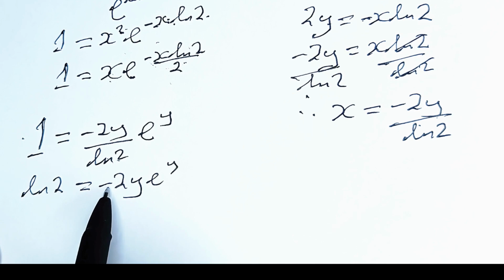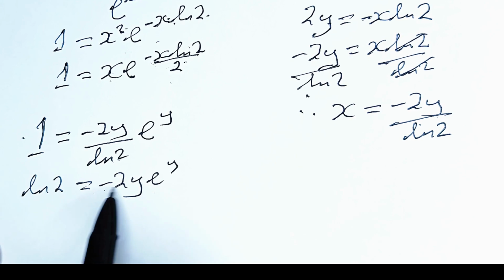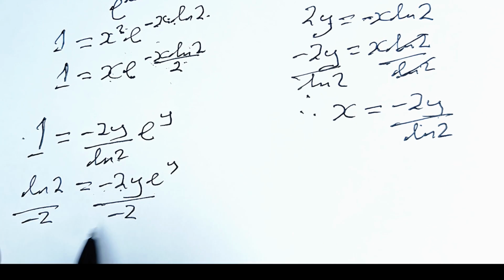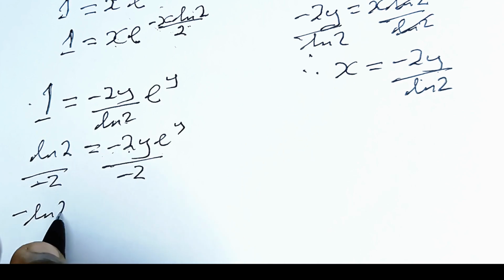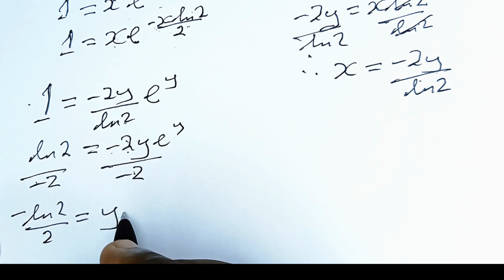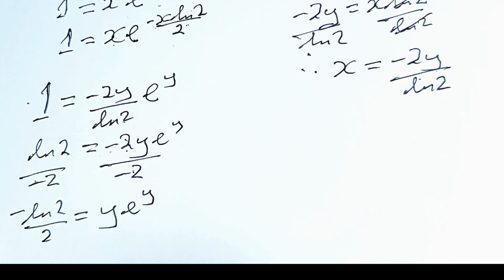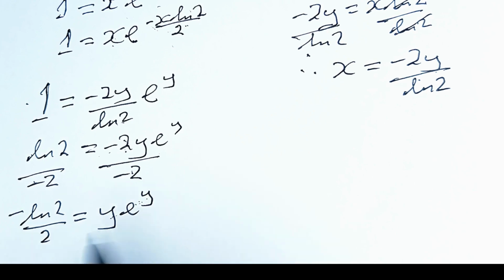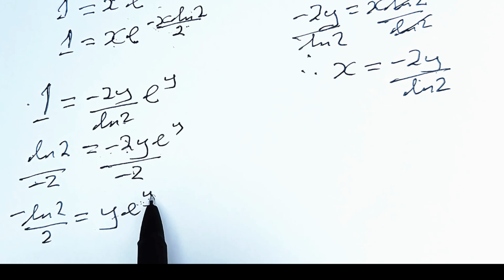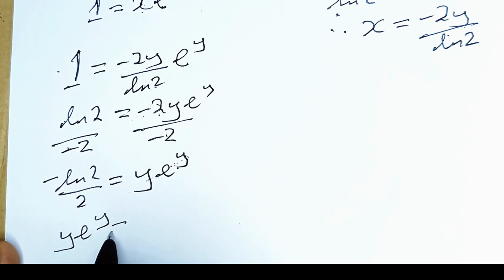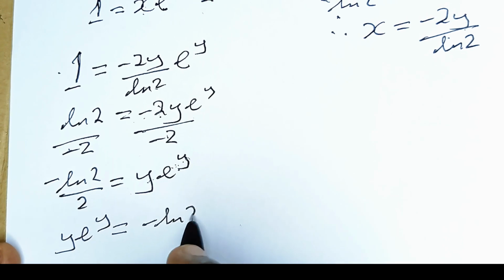So checking through this, we can divide both sides by minus 2. So this gives us minus ln 2 over 2 is equal to, this cancels this, y exponential y. This makes it easy.